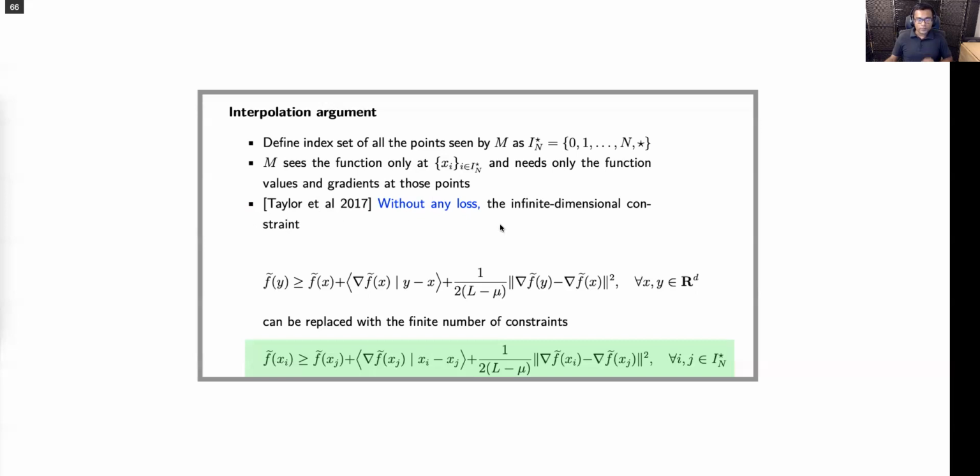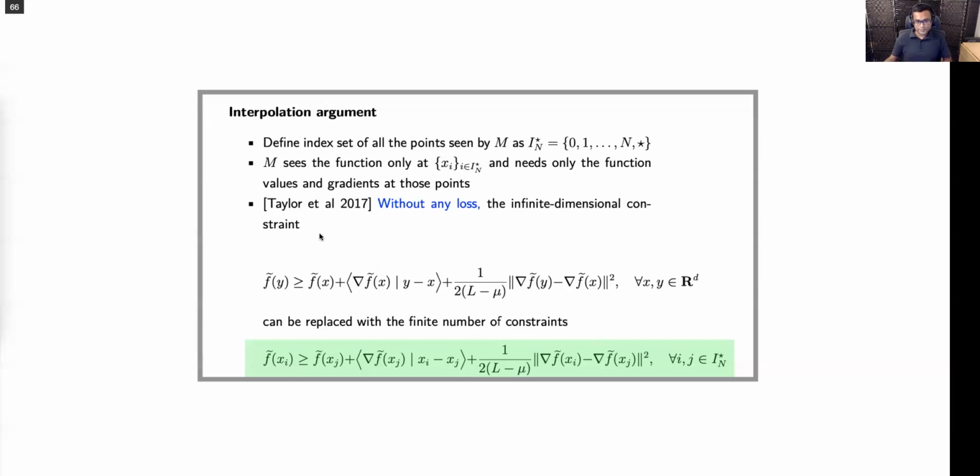He showed that without any loss, the infinite dimensional constraint, the one that appeared in the previous optimization problem, can be replaced with the finite number of constraints written as follows. Which are those finite number of points? These are exactly the points that are being experienced by the algorithm, or our method, in the course of running the first order method.